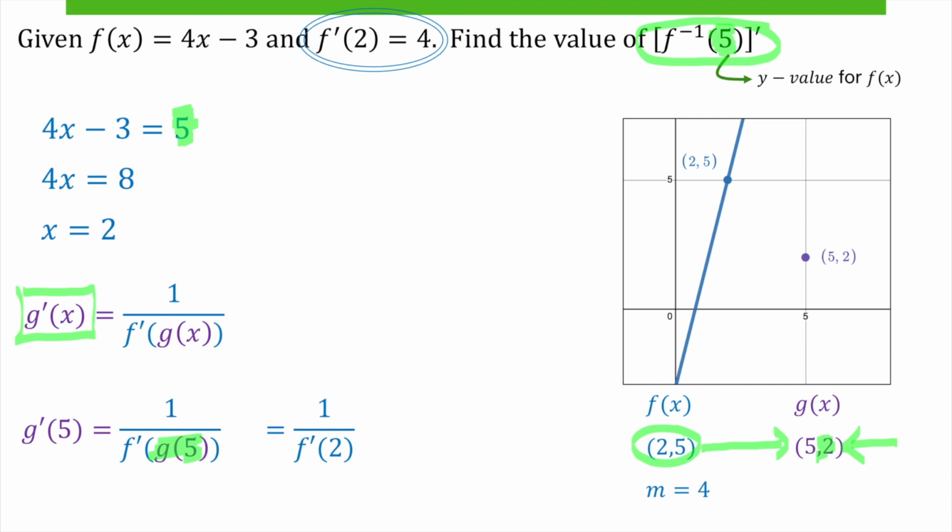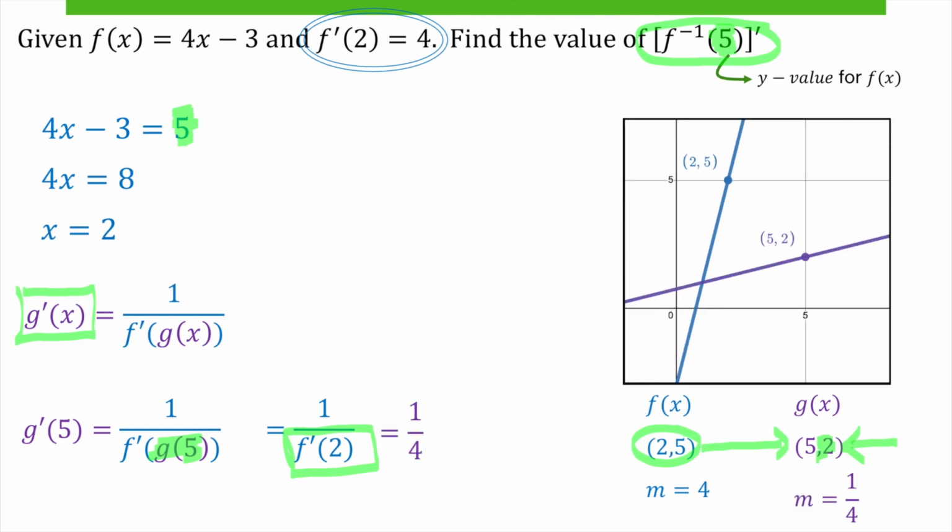So we're looking for 1 over f prime of 2. That's the slope of the original function at 2, which they told us is 4. So the slope of my inverse function at the point (5, 2) is 1/4. And notice 4 and 1/4 are just reciprocals of each other. That's a little bit of a shortcut for us to take note of.